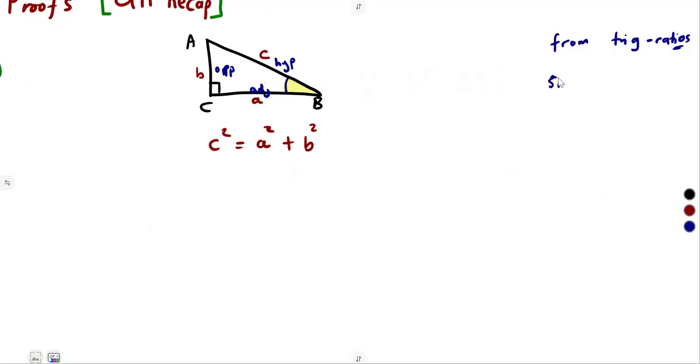So the sine of angle B is going to give us what? From our SOHCAHTOA concept, that's opposite over hypotenuse.